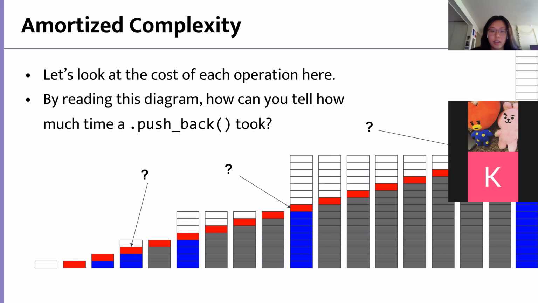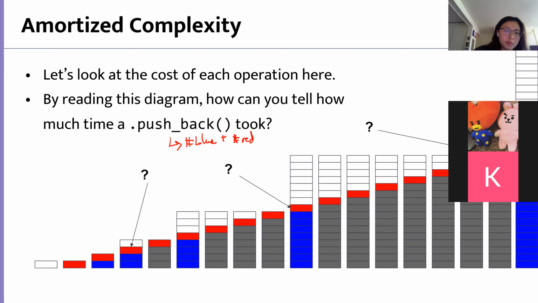And if we look at this diagram, we can tell how much time a pushback took at each of these. Pretty much the time a pushback took is the number of blue plus the number of red. Because the blue are things that you have to copy over, which will also take time. And then the red is the thing you're actually inserting, which will also take time.